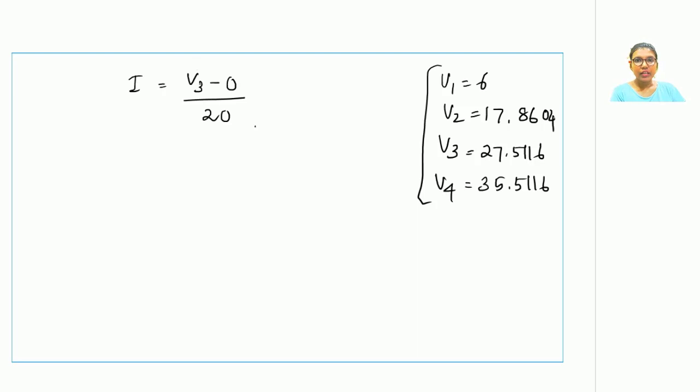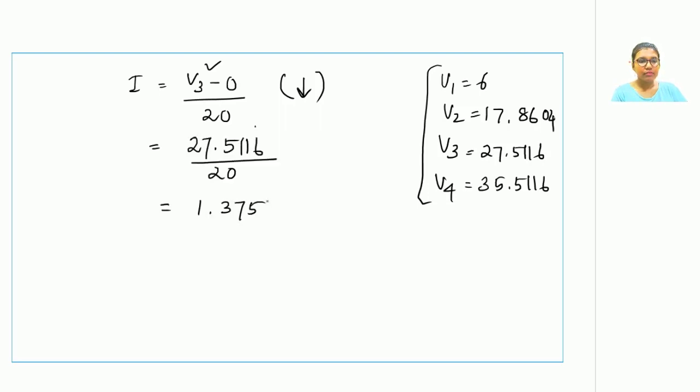The value of I from our analysis has come out to be V3 minus 0 upon 20, and it is positive in the downward direction because our analysis is positive in the outward direction. So substituting the value of V3, the final value of I comes out to be 1.375 amps.